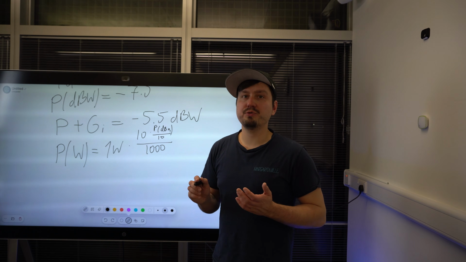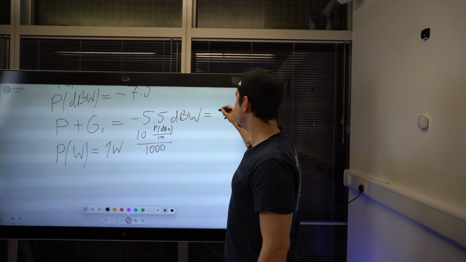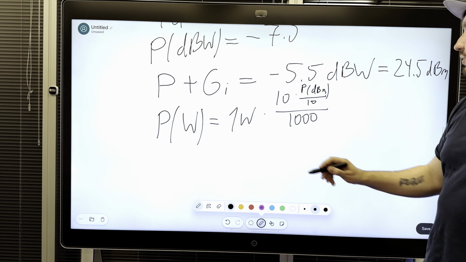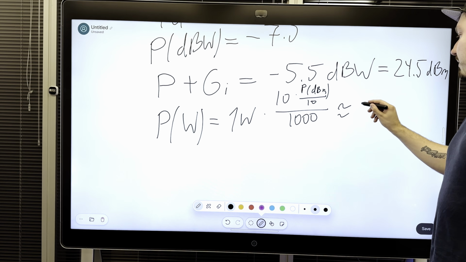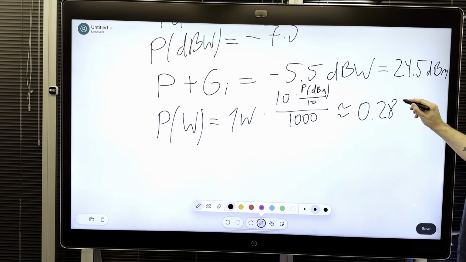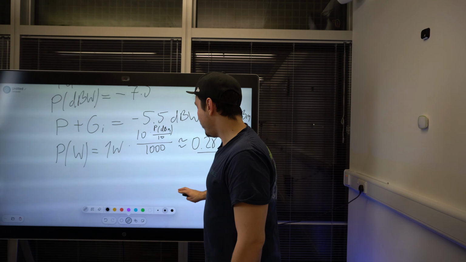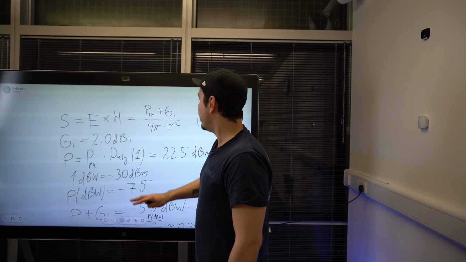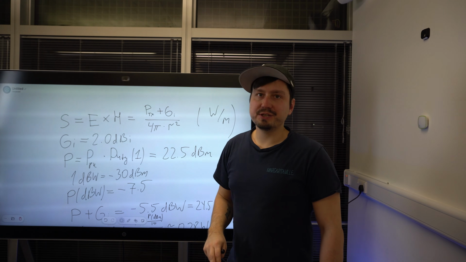So first of all, we're going to obtain back our value in dBm, and this is going to be equal to 24.5 dBm, and then we can insert the dBm into this formula, and we're going to obtain the value of 0.28 watt. So this is effectively our value that we're going to insert into this formula.